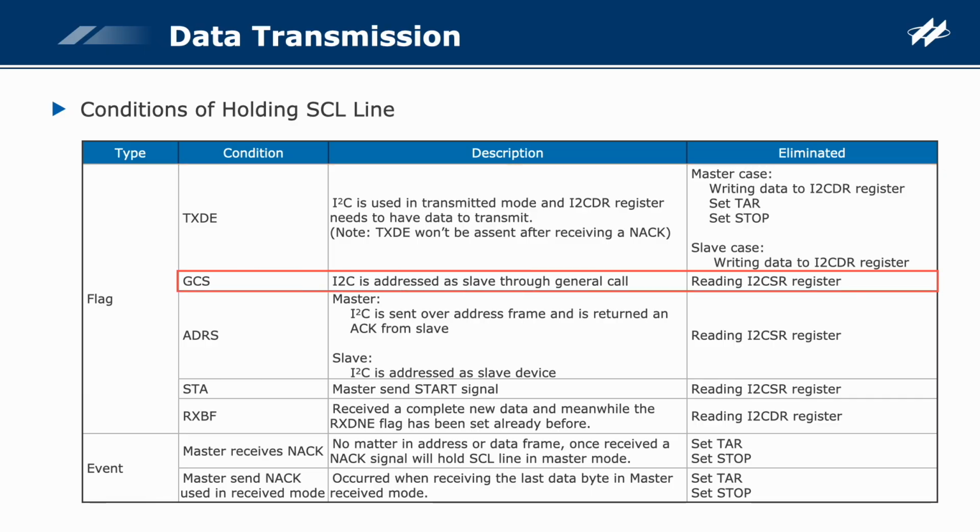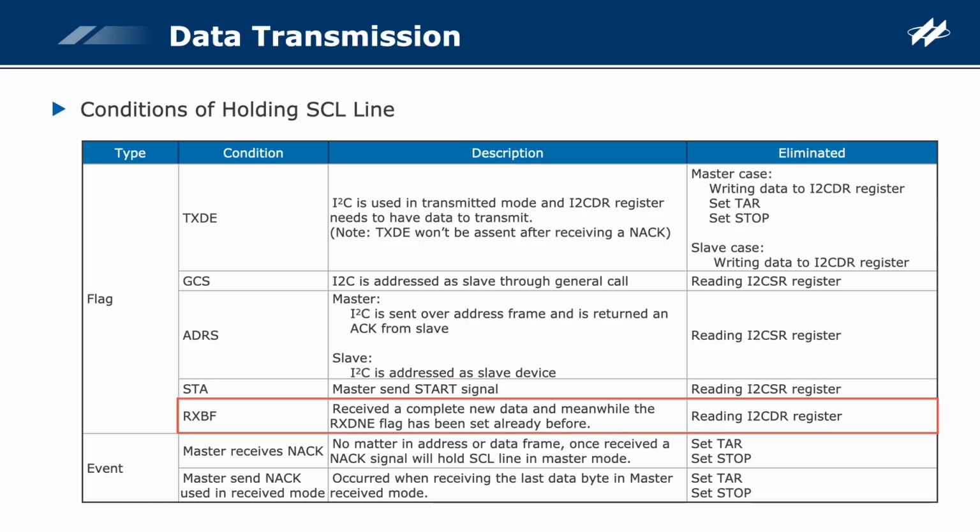When the slave receives a general call, the SCL line will be held at a low state until the status register is read. When the master sends an address and waits for an ACK signal from the slave, or when the I²C is addressed as the slave, the SCL line will be held at a low state until the status register is read. When the master sends a start signal, the SCL line will be held at a low state until the status register is read.